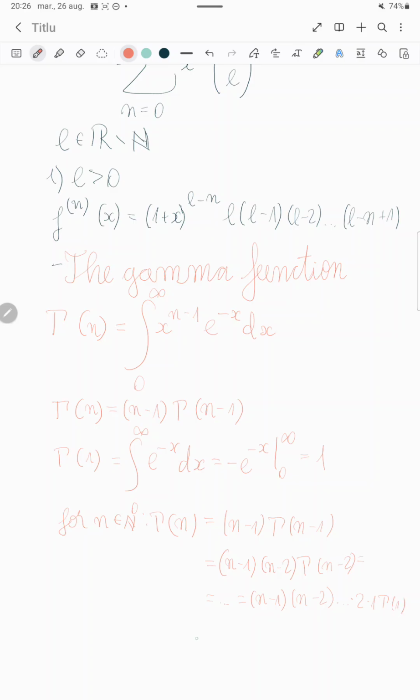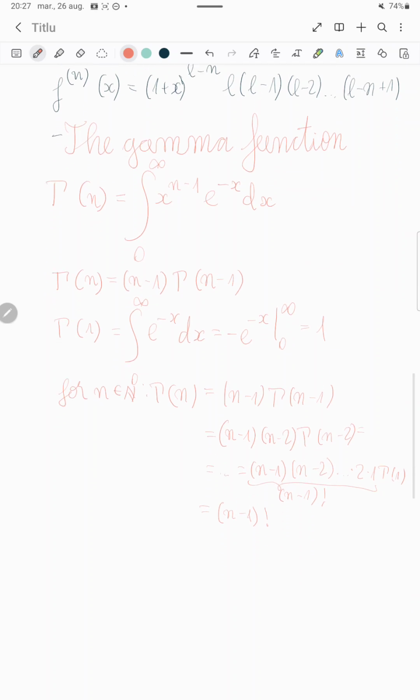But gamma of 1 is 1, and this product is n minus 1 factorial. So therefore, one can say that for n a natural number, gamma of n is equal to n minus 1 factorial.